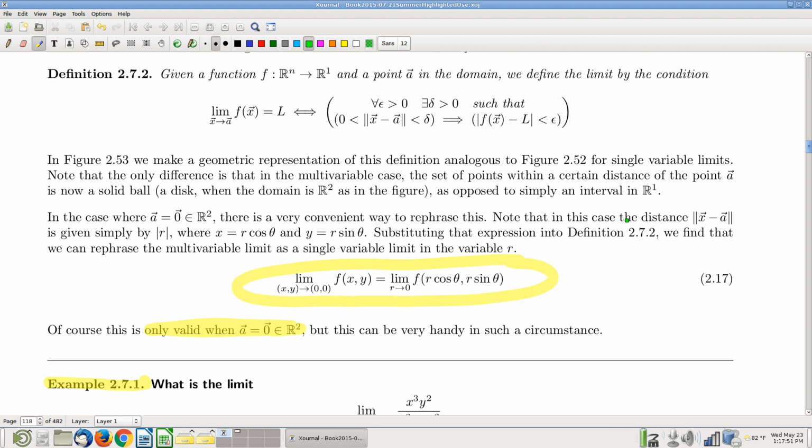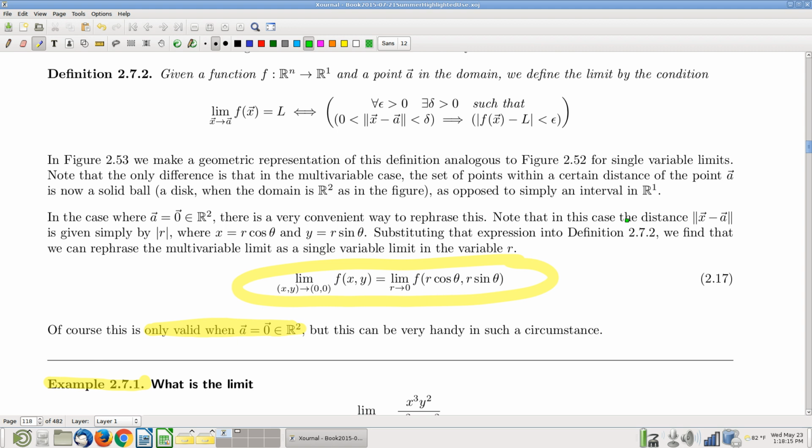Okay, now in practice, day in and day out, we don't use epsilons and deltas very often. There are different methods for computing multivariable limits. There are three methods that I'm going to talk about here. The first one is very convenient when it applies. It only applies sometimes.